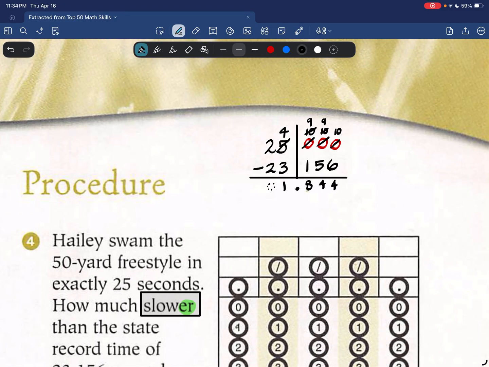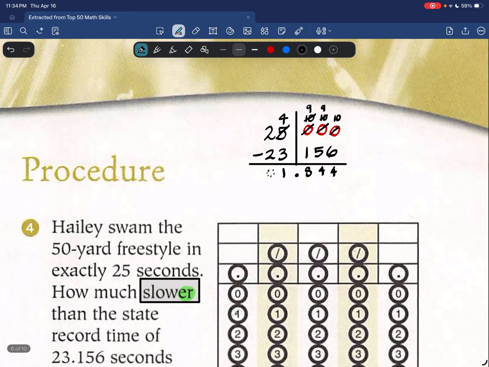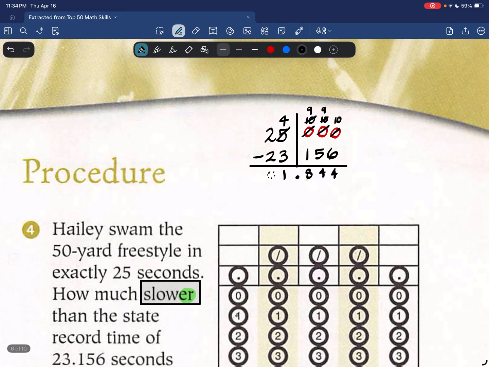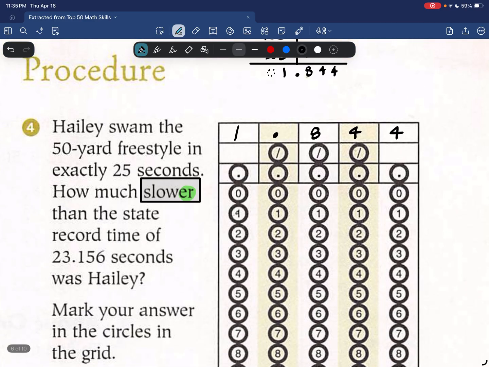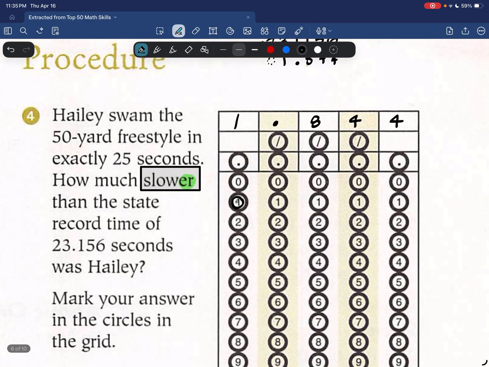All right. So if you're taking the GED test and you get one of these, here's how you do it. You can start here. You would have to start there because you need space for all of these. So write your answer in here and then very carefully fill in the bubbles.